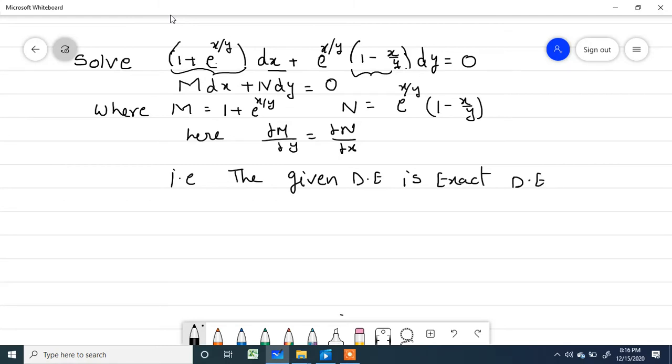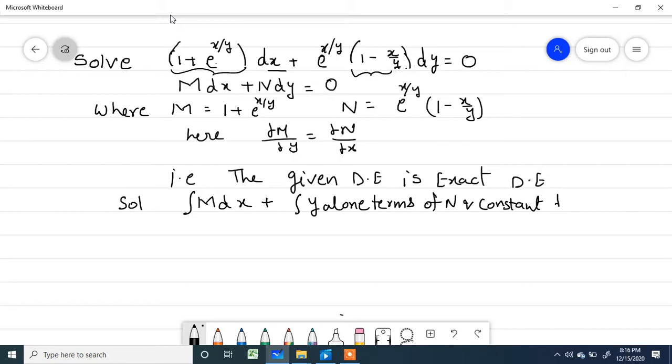So the solution is integral m dx plus integral y alone terms of n and constant dy is equal to c.